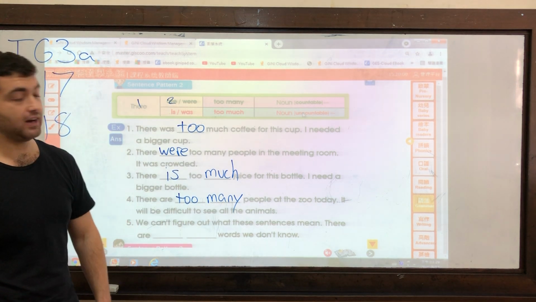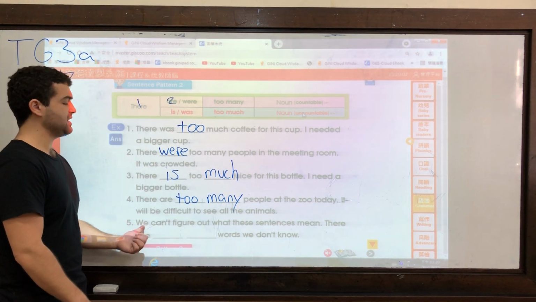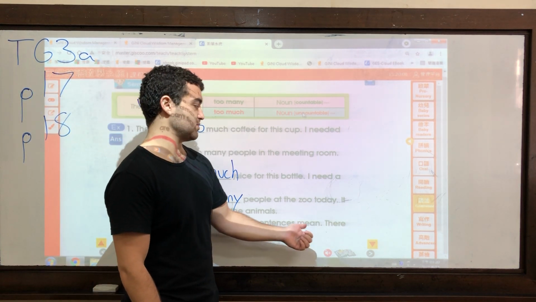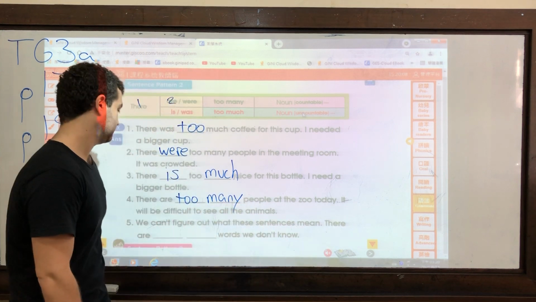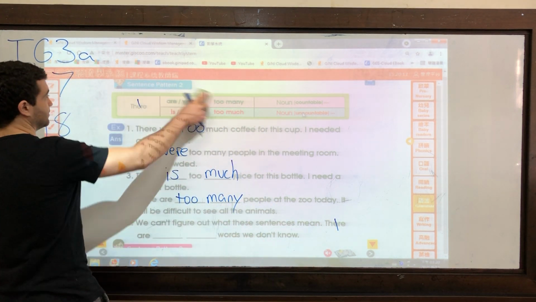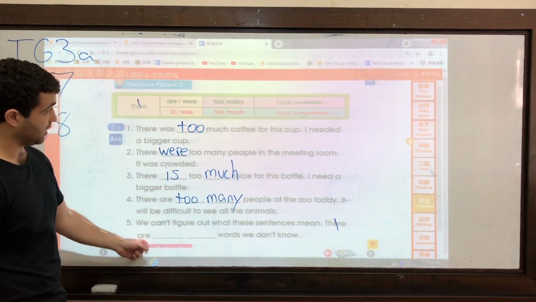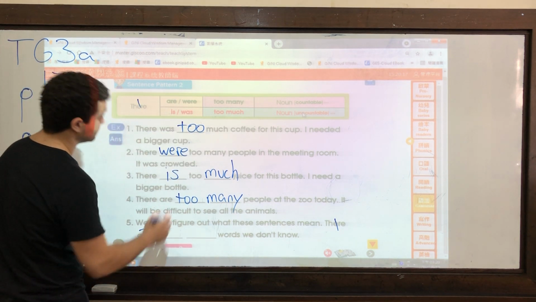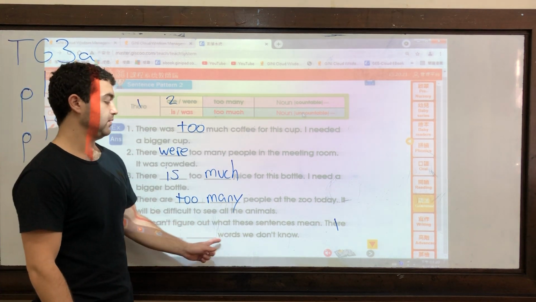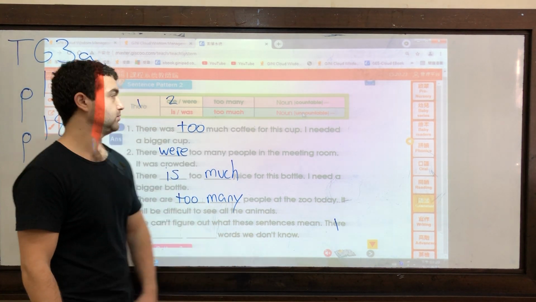Okay, number 5. We can't figure out what these sentences mean. There are too many words we don't know.